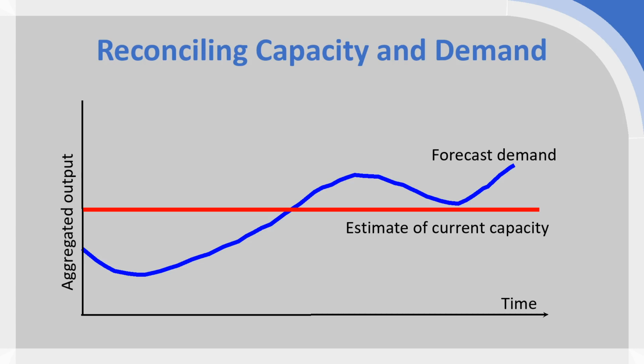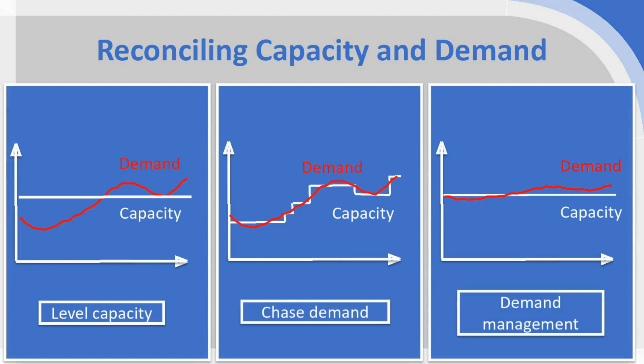So we want to get it as close to our forecasted demand as possible, but we have three different major approaches to doing so. And these are very, very contextually dependent. There is no significant advantage of one approach over another. It depends on your industry, the type of organization you are, the position you occupy in the marketplace, as well as your exact goods and services that you're offering.